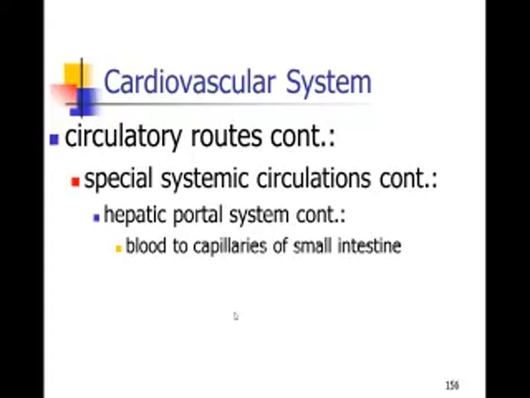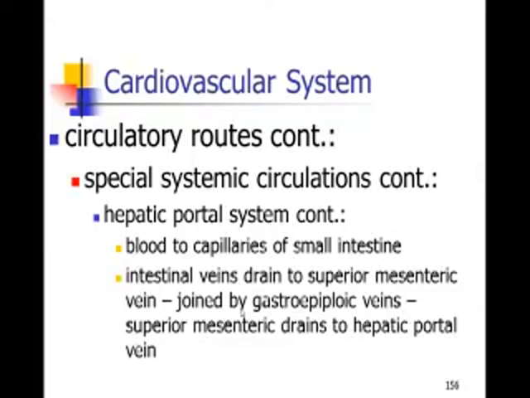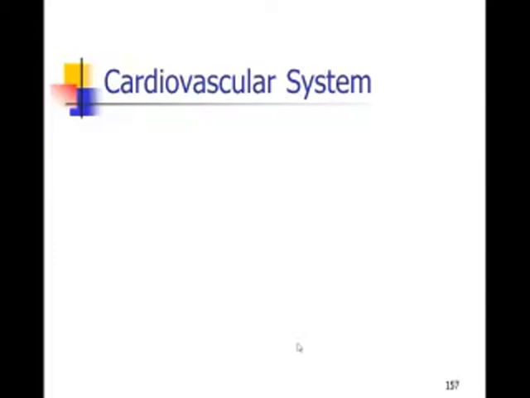So blood goes out into the capillaries of the small intestine, and then it drains from the small intestine into the intestinal veins. The intestinal veins go into the superior mesenteric vein, which is going to be joined by the gastroepiploic. Epiploic, by the way, means omentum. So this is coming from the stomach and the greater omentum. And the superior mesenteric goes into a major vessel, the hepatic portal vein.